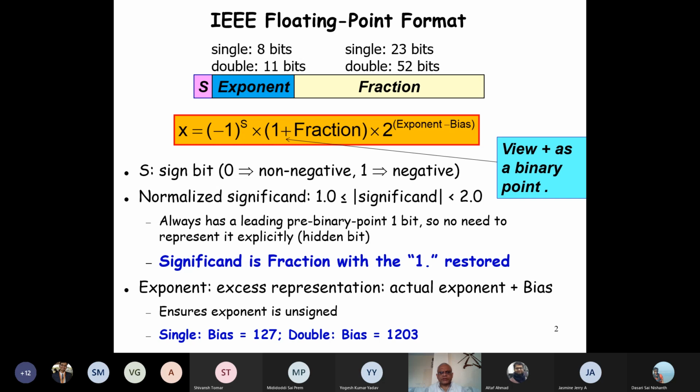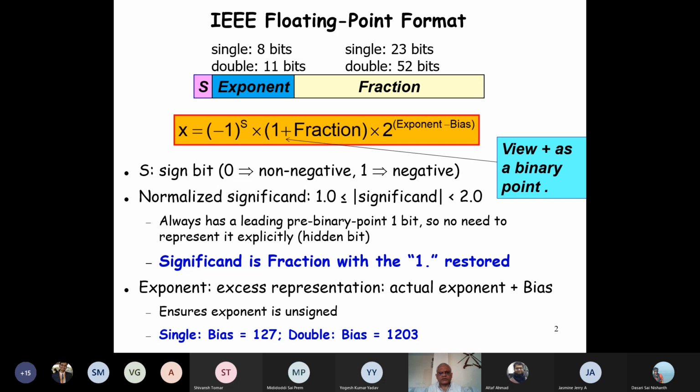In the 32-bit representation, one sign bit, exponent 8 bits, and the fraction part is 23 bits. And double: sign 1 bit, exponent 11 bits, and fraction 52 bits. If we represent it, it will be in this form.